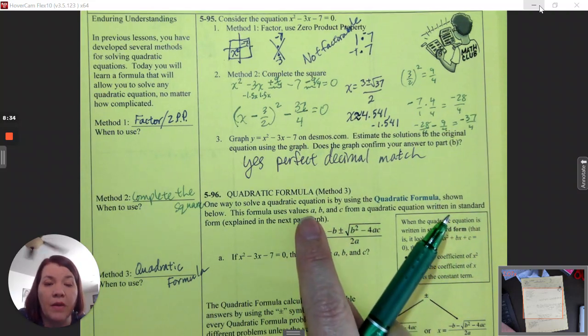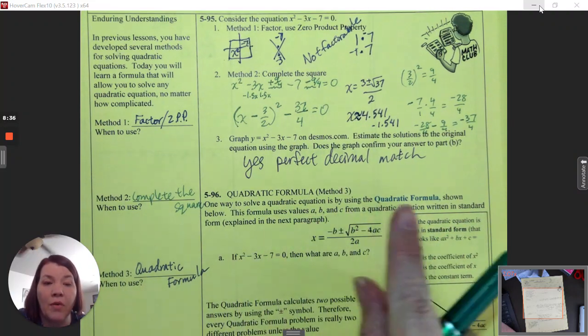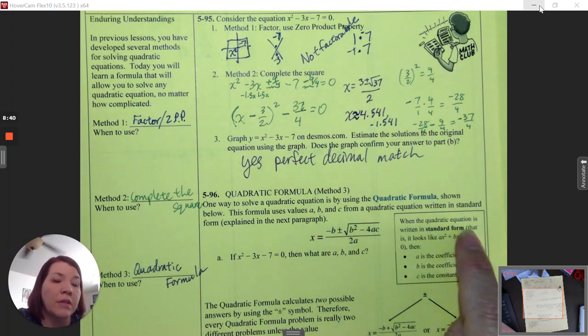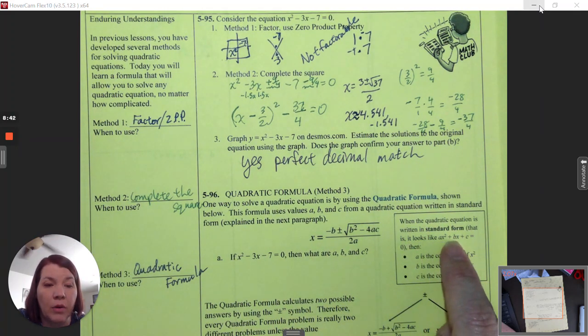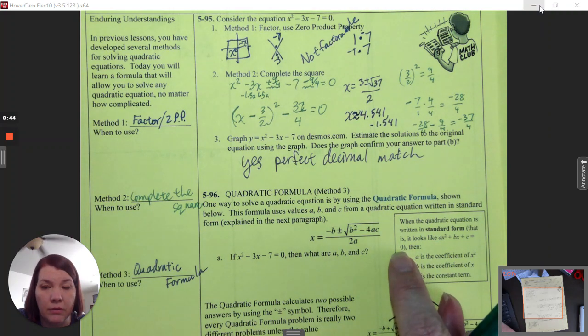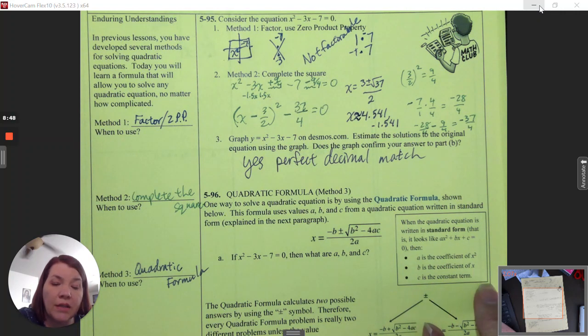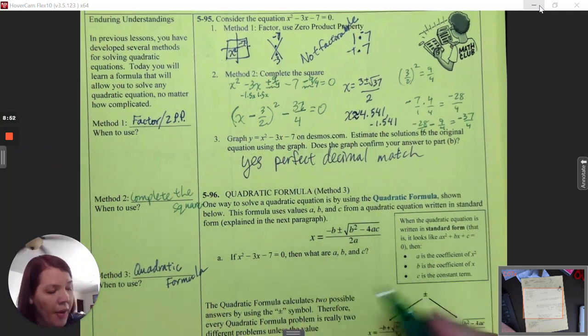This formula uses values a, b, and c from a quadratic equation written in standard form. When the quadratic is written in standard form, that is, it looks like ax squared plus bx plus c equals 0, then a is the coefficient of x squared, b is the coefficient of x, and c is the constant term.